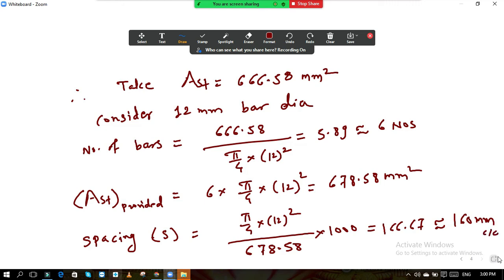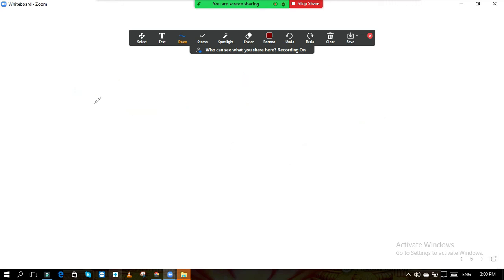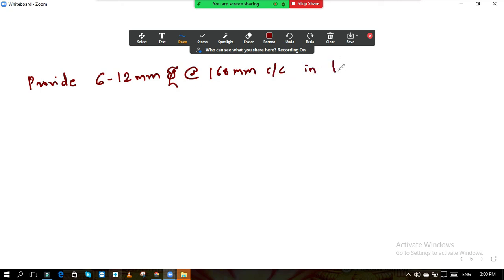So here provide 6 bars of 12 mm diameter about 160 mm center to center in toe slab.